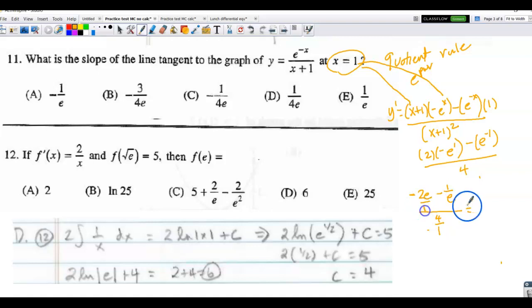I'm going to get a common denominator of e in the numerator. So if I multiply by e, I get -2e squared minus 1 over, I've still got a mistake in here because that's not giving me any of these answers. Daggone it. Okay, found the other mistake.